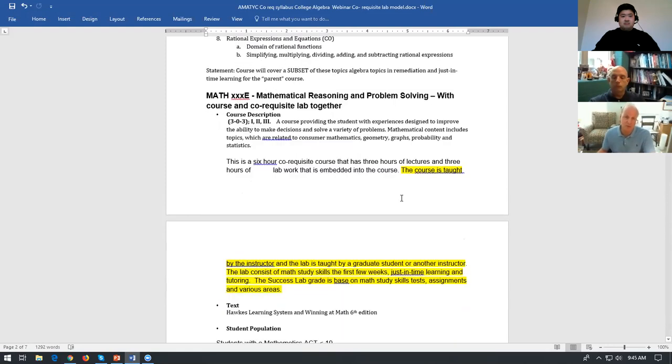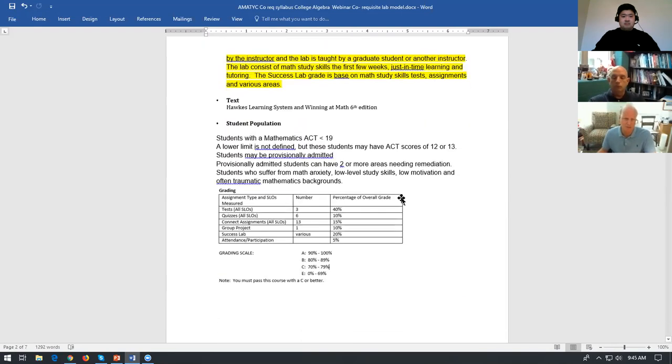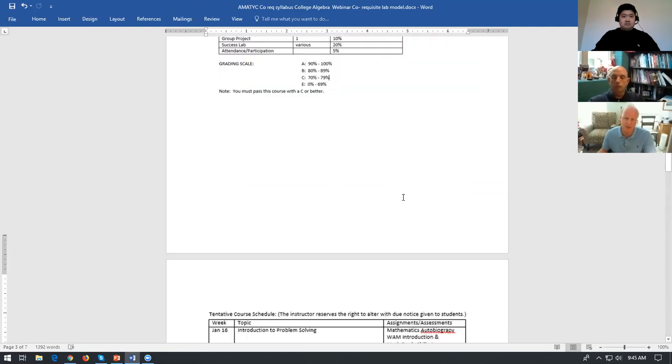The course is taught by the instructor and is also by, this one's by a graduate student, but you could also have somebody who maybe has less than 18 hours, well, maybe not this one because you have to have the 18 hours for this one. So it could be taught by 2 different people. You get to the text, what they're using. These are the people who got into it. They're describing everything about who got in there.